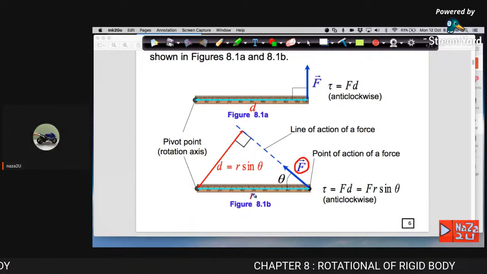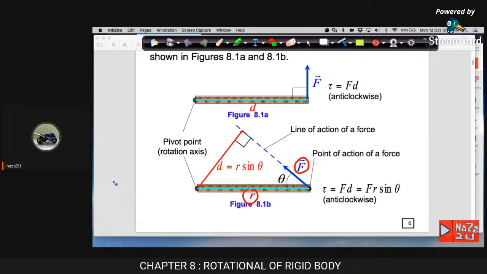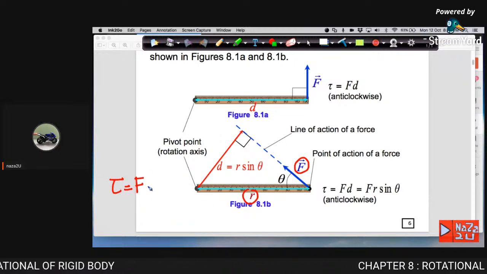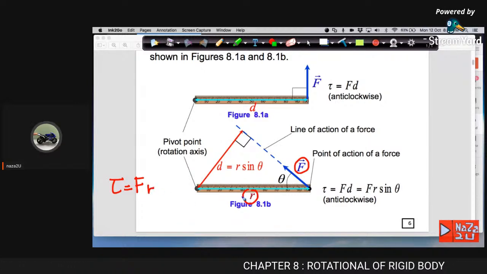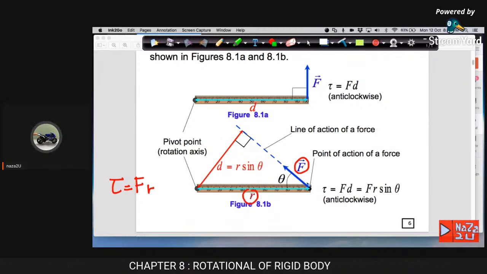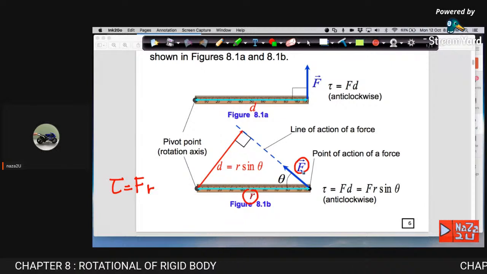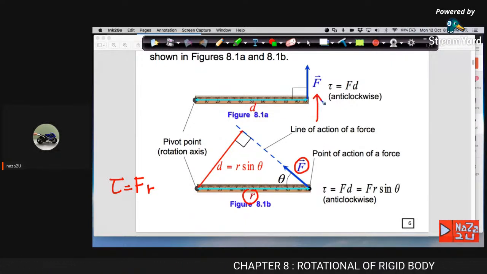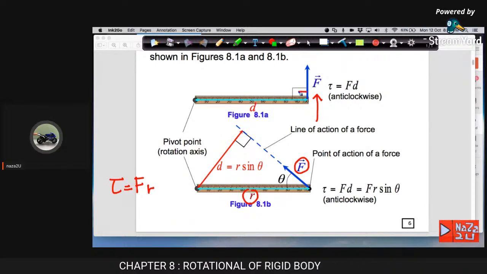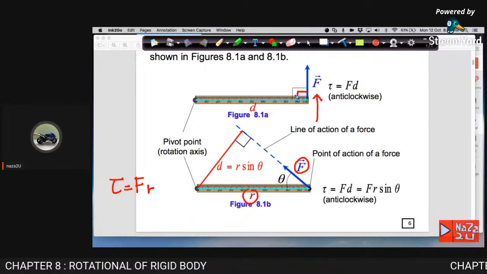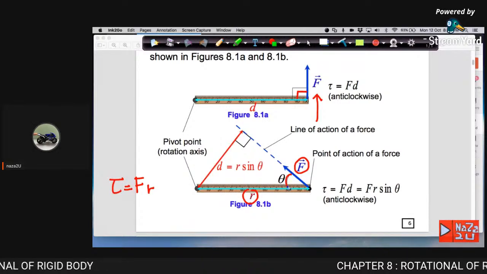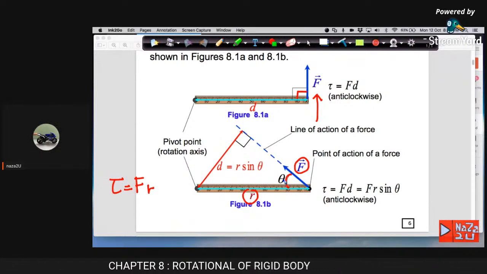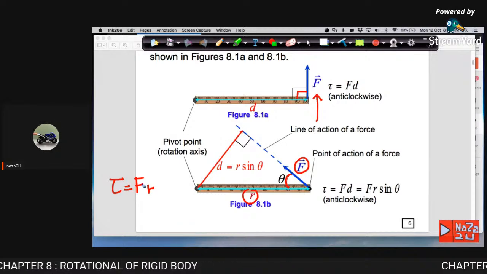We have a distance or R. So meaning here, if you want to calculate the torque, it is force times R, and R is the distance between the pivot point and the position of the force. But if you look at the first situation, the angle between force and distance is 90 degrees. So now the angle here is not equal to 90 degrees. This is less than 90 degrees. It is equal to theta. So how can you find the torque? Okay.